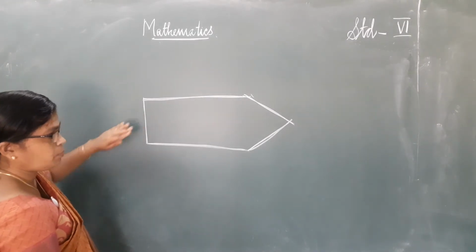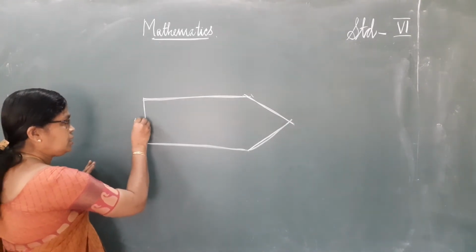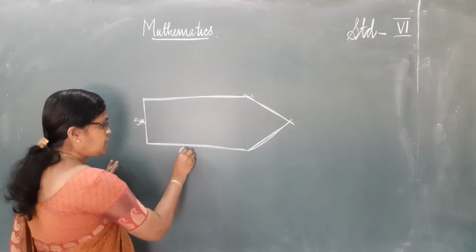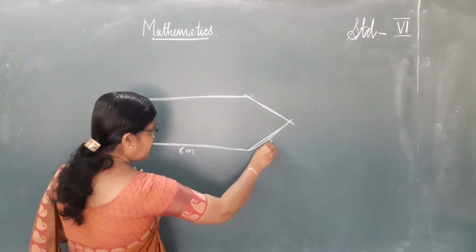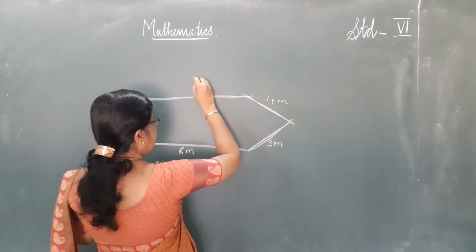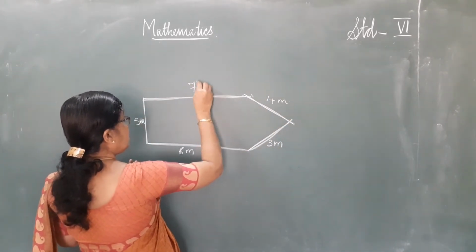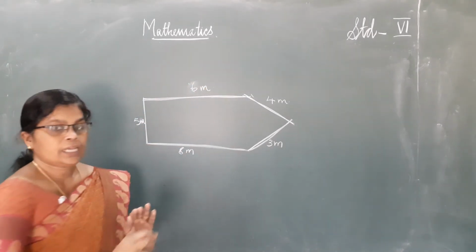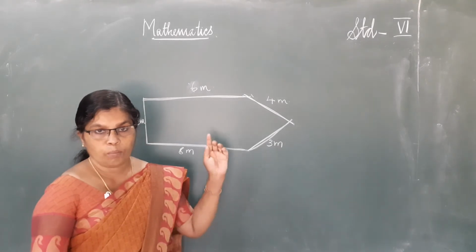So, suppose this distance is 5 meter. Then it is 8 meter, and it is 3 meter, then 4 meter, then 6 meter. Then he has to make the compound wall.